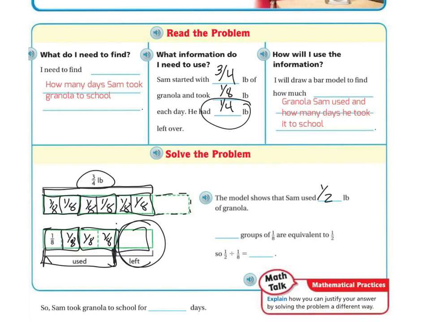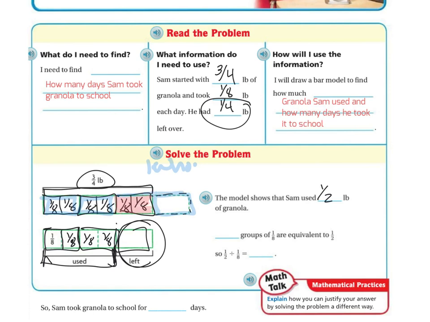So he used 1/2 pound, because if I take these 3/4, see how they have that imaginary quarter right there? Let me color this, it'll be a little easier to see. This is my leftover of my 3/4: this is 1/4, this is 1/4. That was my leftover. If I were to do this fourth quarter right here, that would be 1 whole.